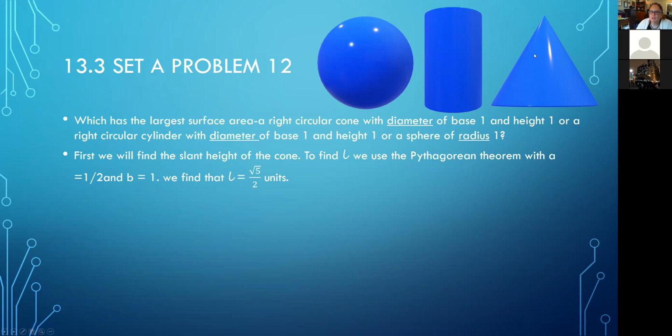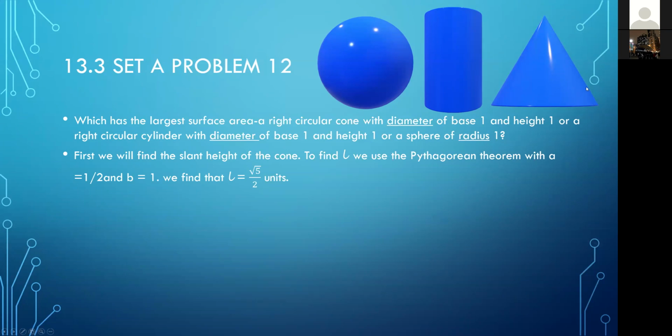So first we're going to start with the cone. In order to find its surface area, we're going to need to figure out the slant height. And in order to find the slant height, we're going to think about a right triangle that goes right up and down through the middle of the cone and then out towards the side.